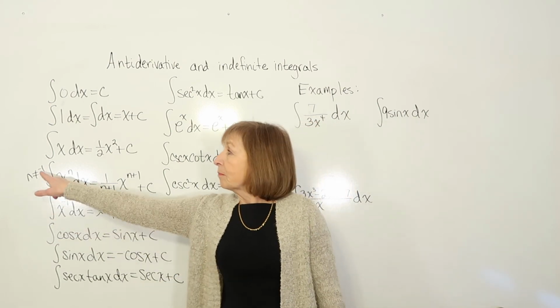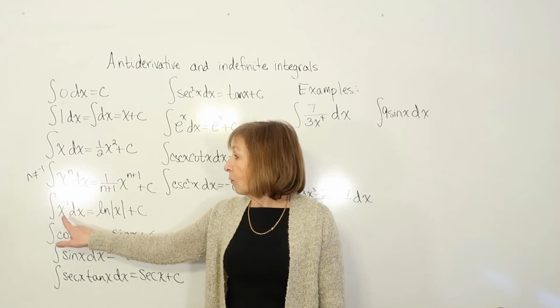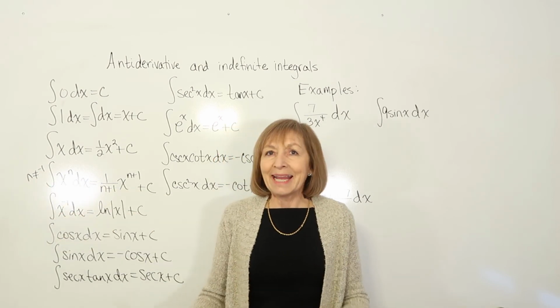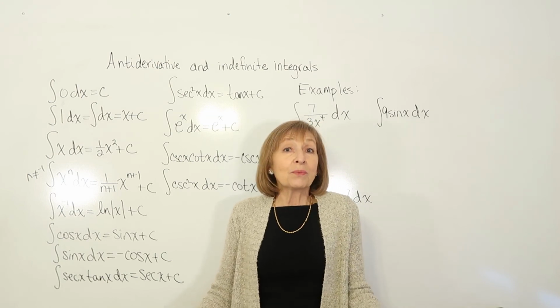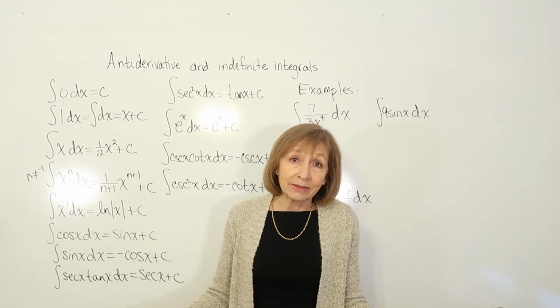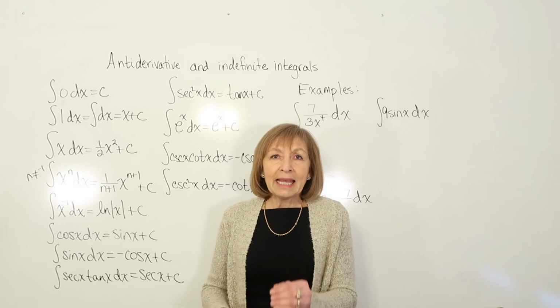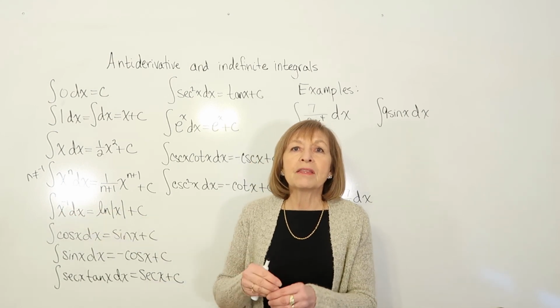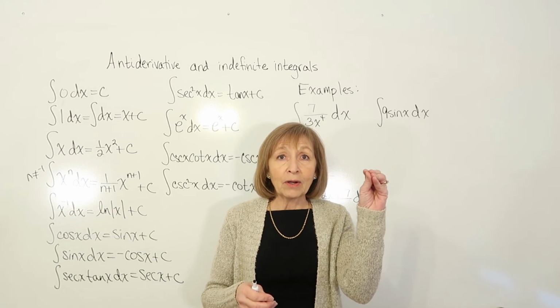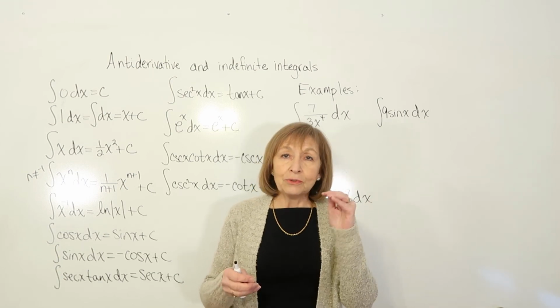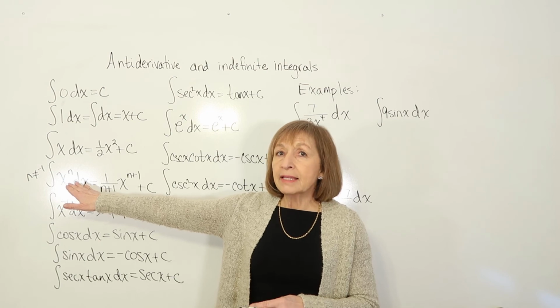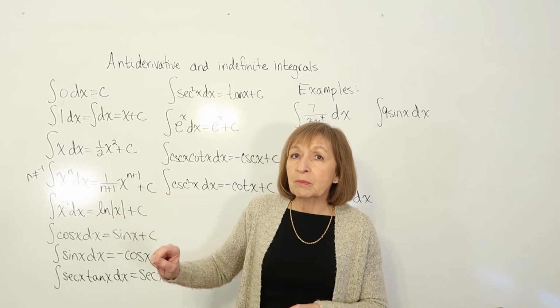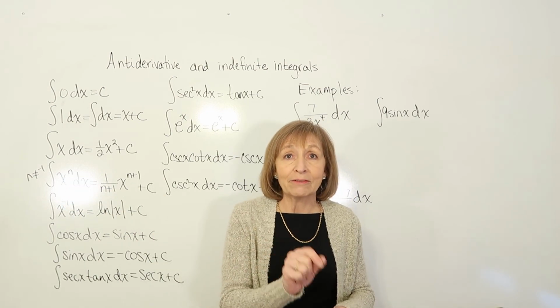Now, what if my exponent is -1? Well, then I can't add 1 to the exponent and divide by that, because -1 plus 1 is 0, and you can't divide by 0. So the only case of the integration with our letter base to number power that you don't use this general power process with is if your exponent is specifically -1.